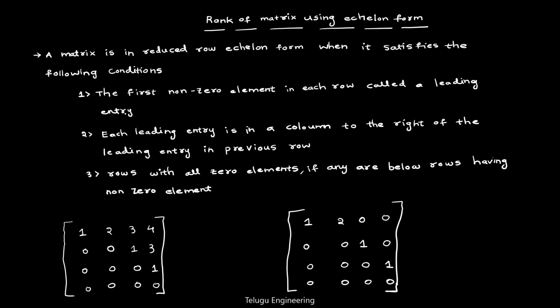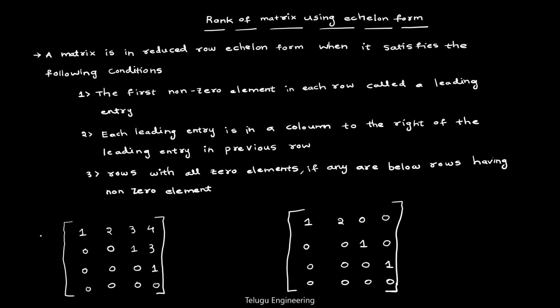These are the three conditions for row echelon form. The first non-zero element in each row is called a leading entry. Below you can see two matrices as examples. These two are already reduced into echelon form, so I have kept them to illustrate these conditions. The first element in each row is called a leading entry.